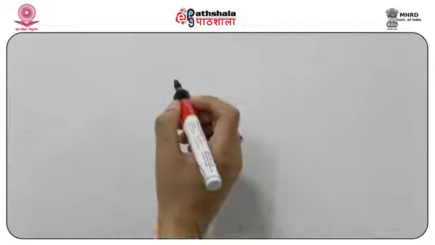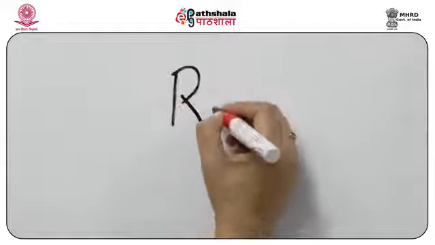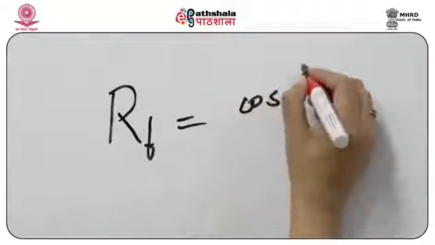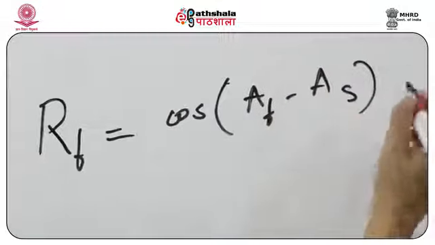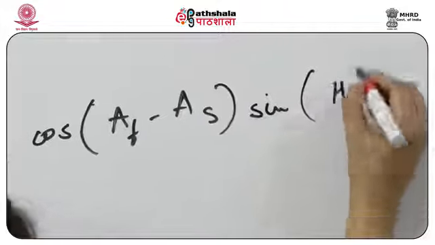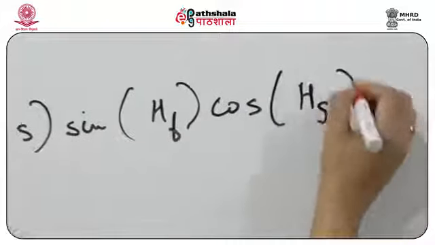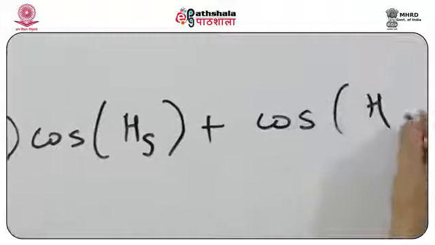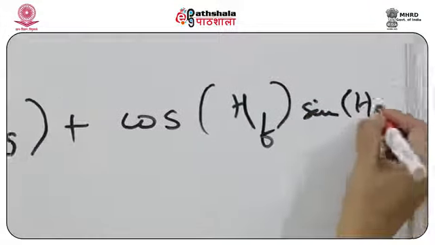So hill shading actually calculates the relative radiance based on this particular equation, where RF is equal to cos(AF minus AS) into sin HF into cos HS plus cos HF and sin HS.